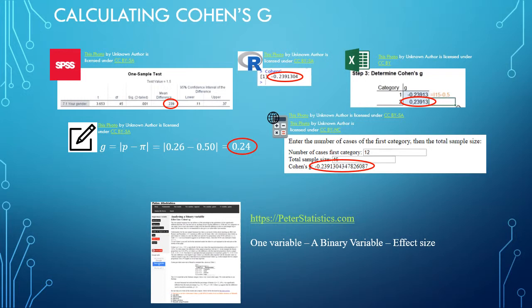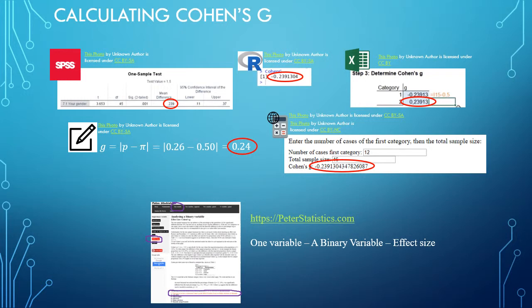For all of these options, I have instructional videos on my website: how to do it with SPSS or with R or with Excel. Simply go to peterstatistics.com, and then on the top select one variable. You get a pull down menu there, and then select a binary variable. Then select in the left menu effect size. Then you should be getting to this page, and it will say: click here to see how.